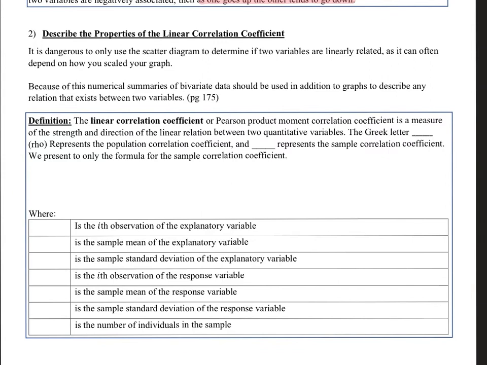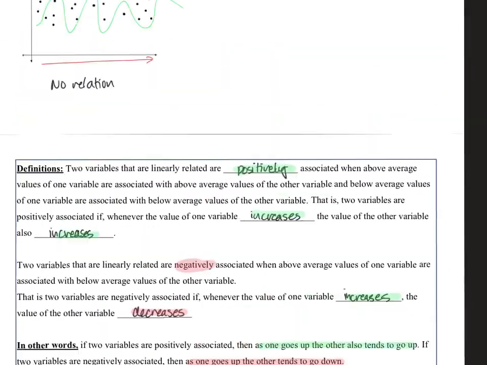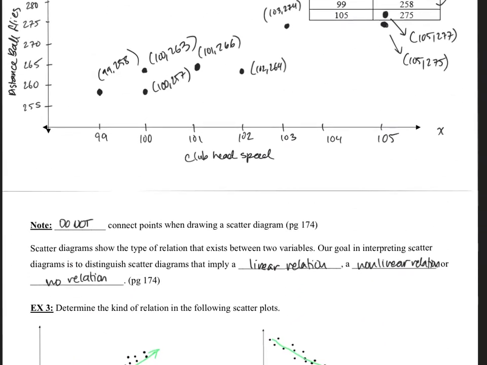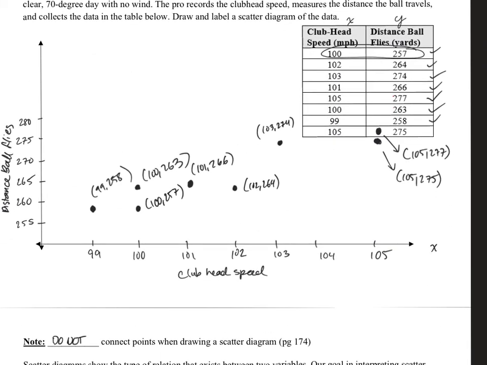So, Objective 2. Describe the properties of the linear correlation coefficient. So it is dangerous to only use a scatter diagram to determine if two variables are linearly related, as it can often depend on how you scaled your graph. For example, let's go back to what I did up here. Notice, from here to here, I covered 98 values.